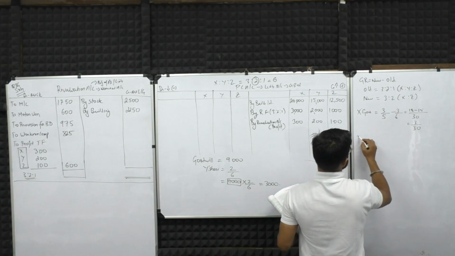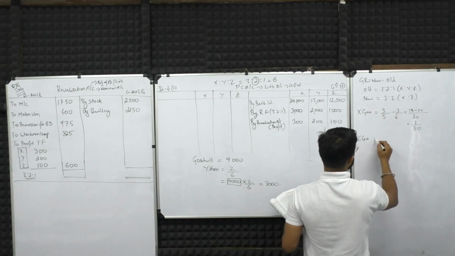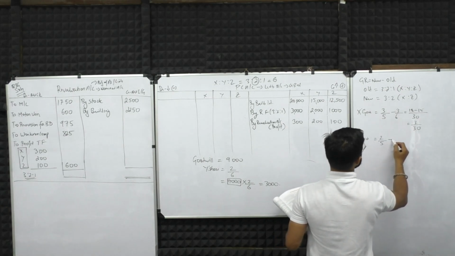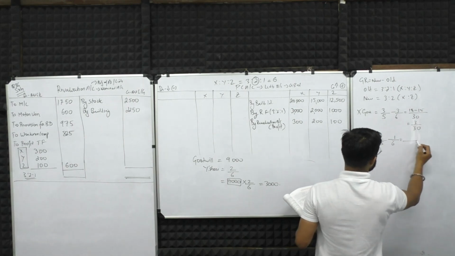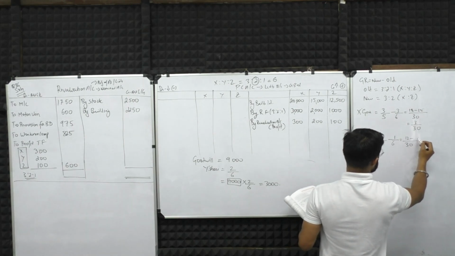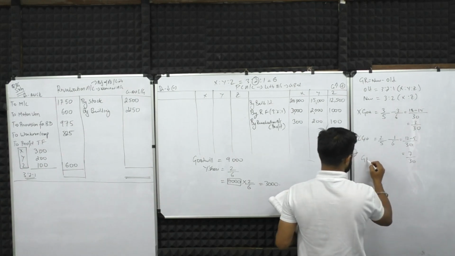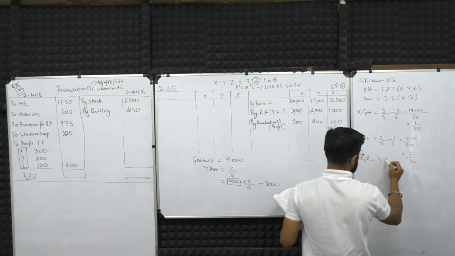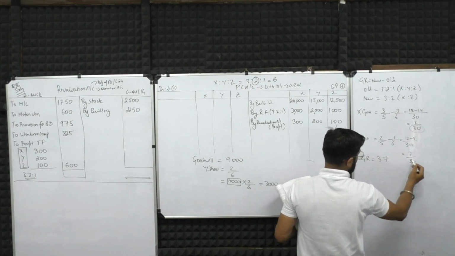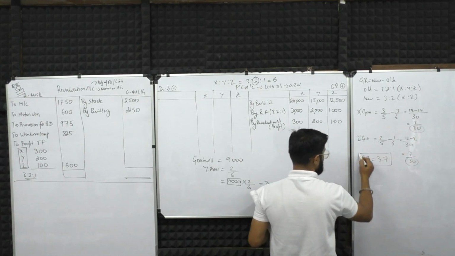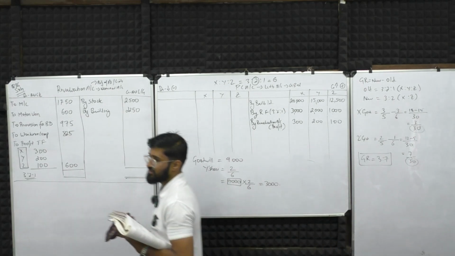Z gains: 2 by 5 minus 1 by 6 is 12 minus 5, 7 by 30. So the gaining ratio will be 3 is to 7; the denominator we can ignore.